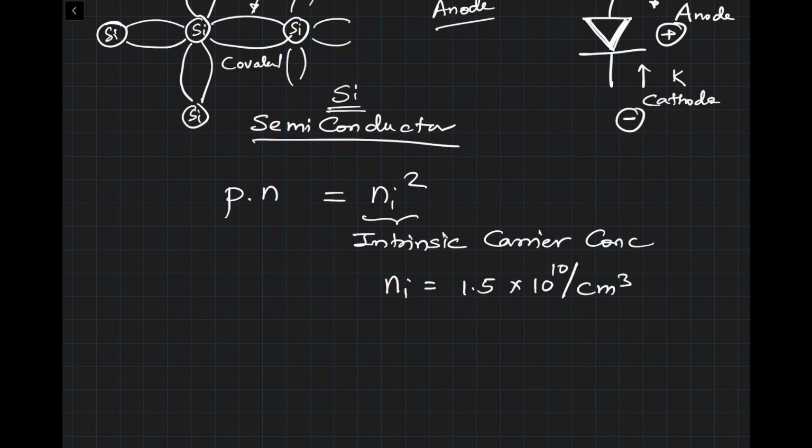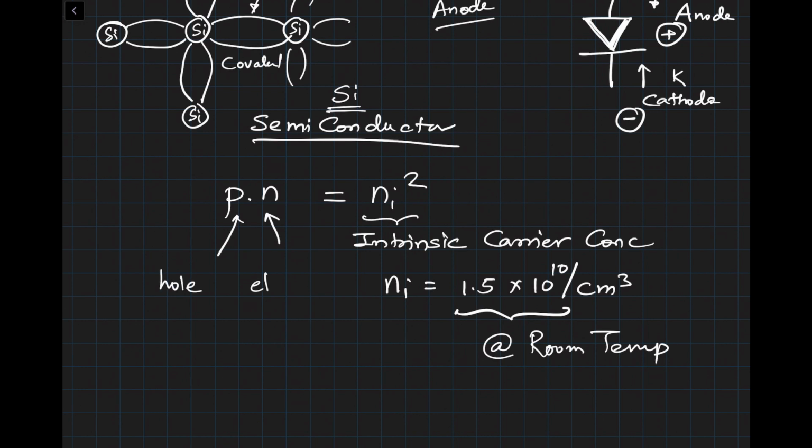So in every cubic centimeter there will be 1.5 times 10 to the power 10 intrinsic carriers at room temperature. P is the hole concentration and N is the electron concentration. All right.